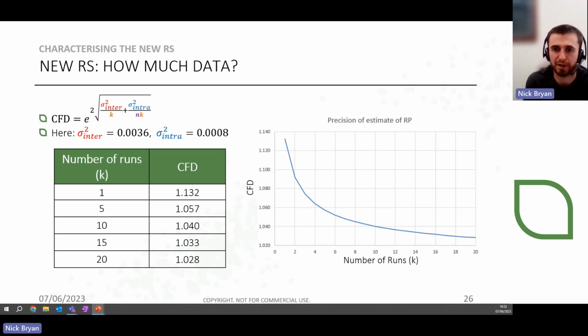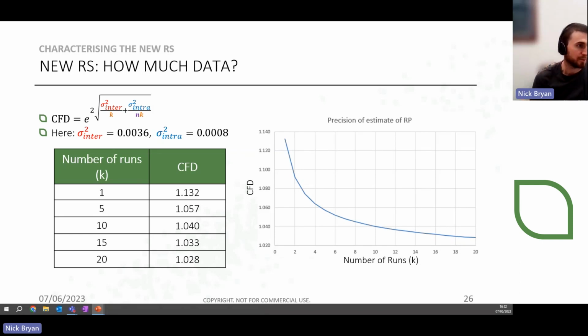But it does depend what we're going to try and achieve in terms of our critical fold difference. So remember that because this is a ratio of the upper confidence limit to the estimate, with 10 runs, we're essentially saying that the upper limit is 1.04 times bigger than the estimate.